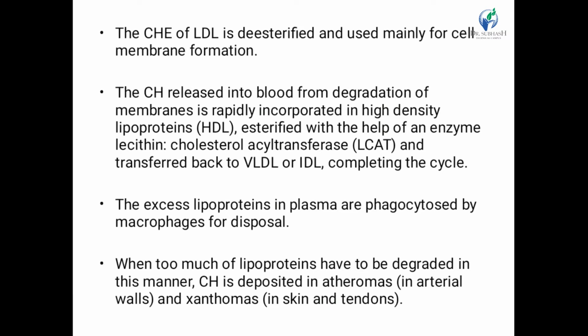When too much of lipoproteins have to be degraded in this manner, cholesterol is deposited in atheromas like in arterial walls and xanthomas like in skin and tendons. So these lipoproteins are phagocytosed and excreted from body, but if this level is increased, they will accumulate in arterial walls and skin and tendons, and will cause coronary artery disease.